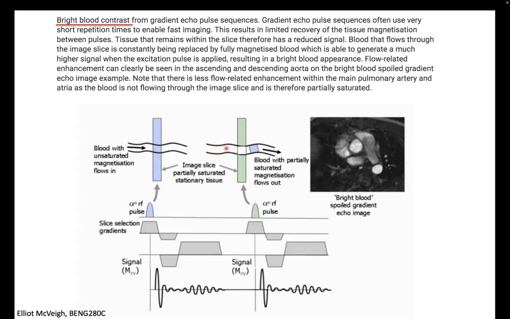However, what's happened here is new magnetization vectors, entirely new ones, have moved into the slice between here and here. And so when I hit it with this alpha pulse, I'll get a very bright signal from this stuff, even though I'm getting low signal from this stuff. And then you get the opposite contrast mechanism, where we see this bright signal coming into the slice from outside the slice, and it generates good contrast between the blood and the background.